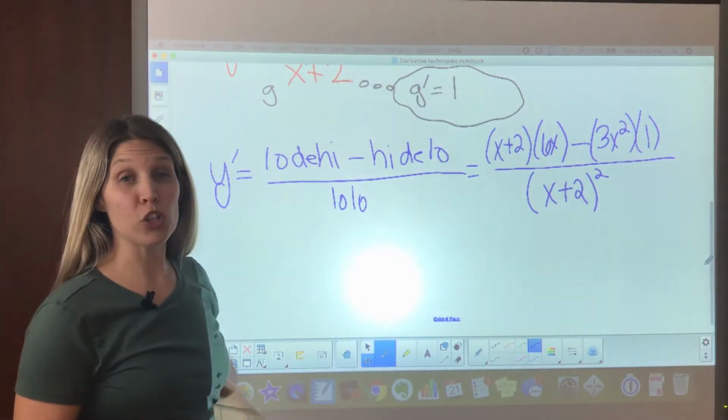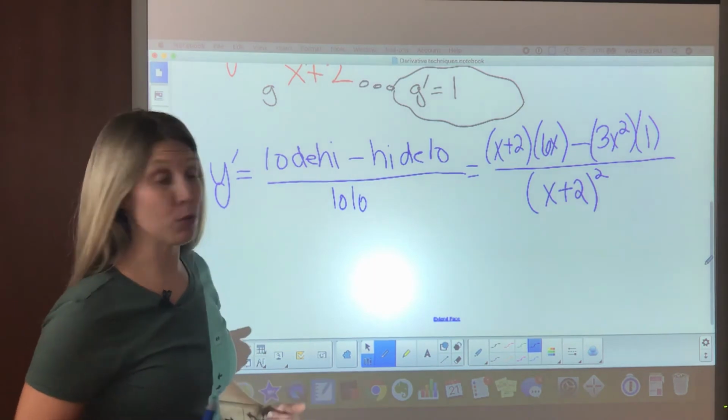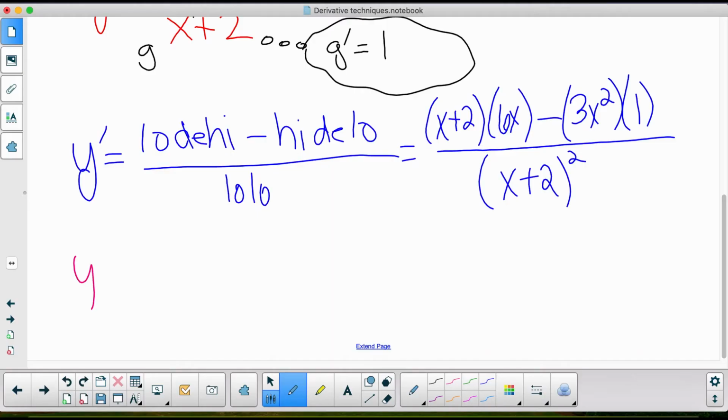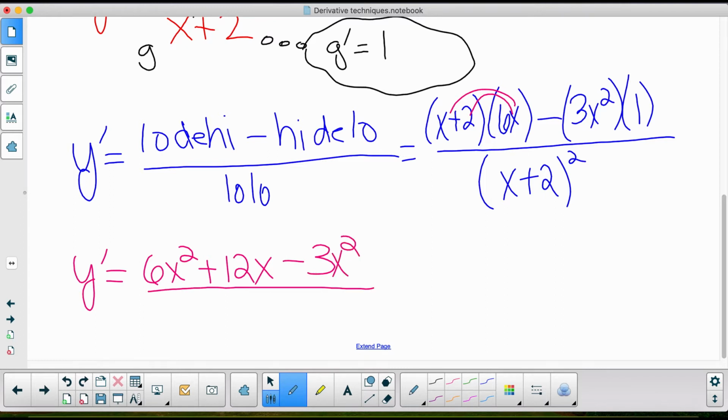At this point, we're just going to multiply out the numerator. So y prime equals 6x squared plus 12x minus 3x squared all over x plus 2 squared.